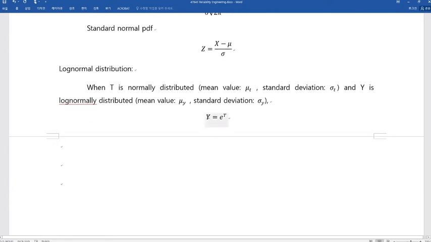So this is the relation between random variables. So if we introduce, what is the same is that t will be same with log of y. So these are simply equivalent statements.